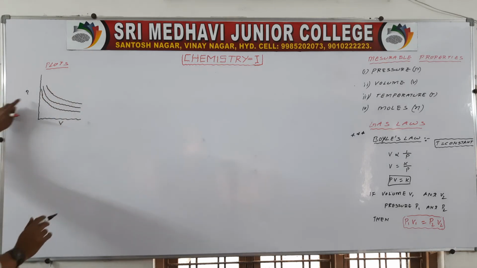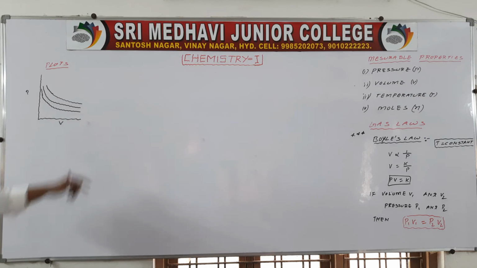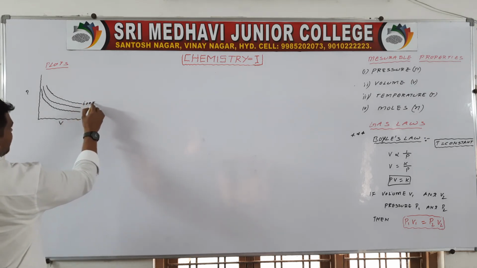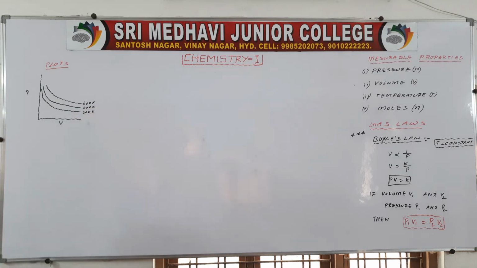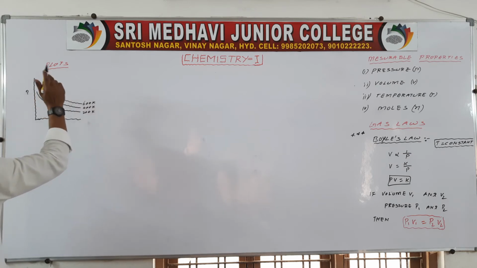These curves are for 600 kelvins, 400 kelvins, and 200 kelvins. If pressure increases, then volume decreases. If volume increases, pressure decreases. So this graph is called an isotherm.